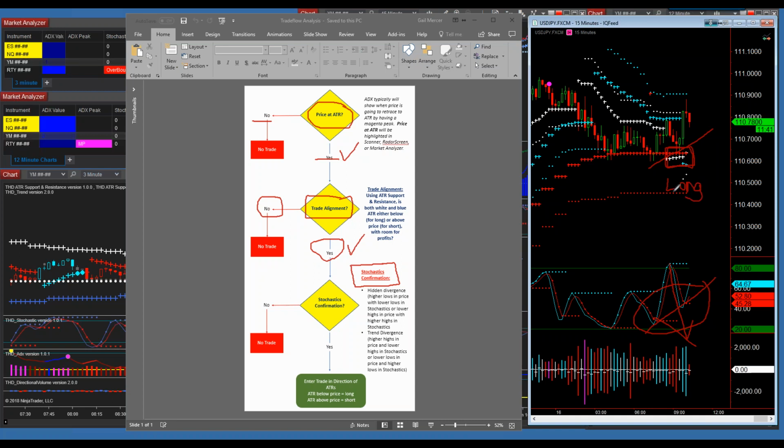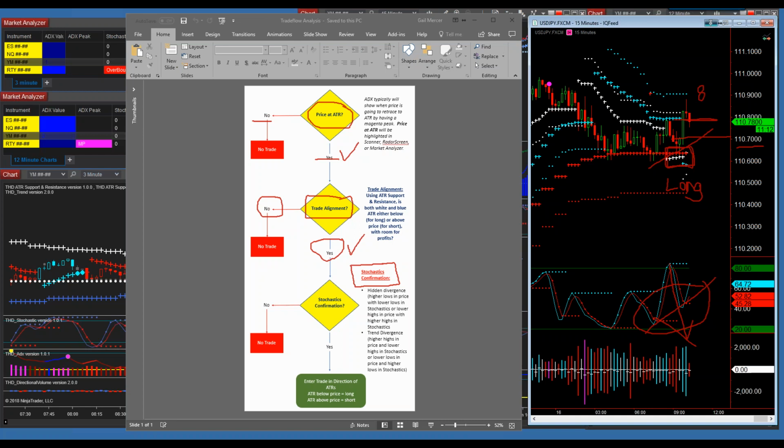Okay, now this is also one that I wanted to point out this morning because you did have that blue ATR right up above you. What does that mean? Well, to me, this is what it means. By the time you could have entered this trade, you were at 110.70, okay? But you are going into a resistance area that is 8 pips away.